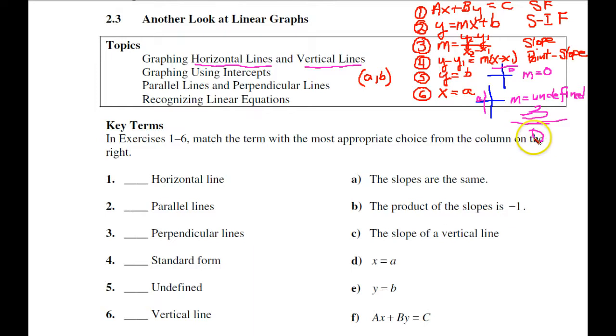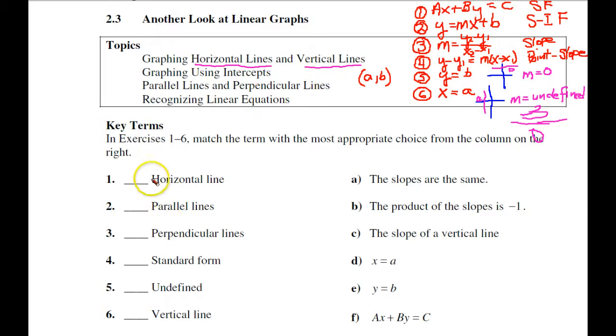Anytime you have 0 in the denominator, the result, we say, is undefined. So the slope of all vertical lines is undefined because the denominator would be 0.